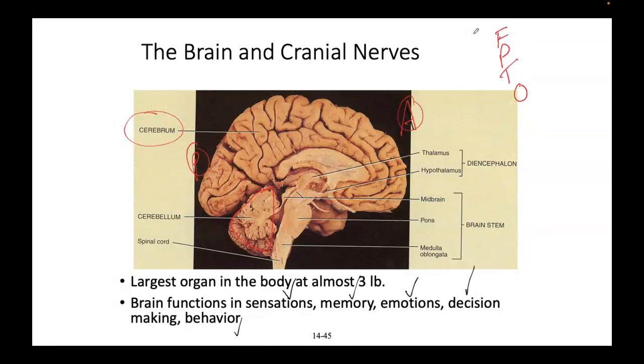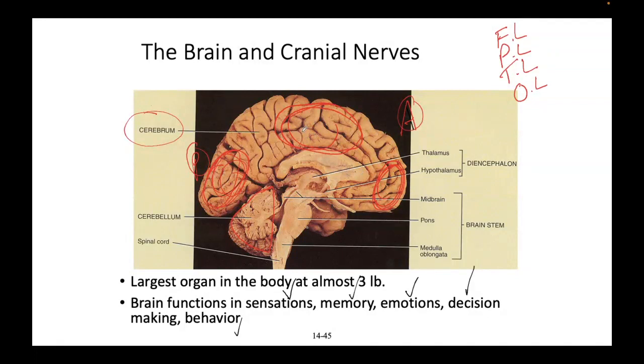In terms of the brain, we have a frontal lobe, a parietal lobe, a temporal lobe, and occipital lobe. Up here is your frontal lobe, over here is your parietal lobe, and back here is your occipital lobe. The temporal lobe would be where the ear is, but because this is a cross section, I really can't point it out from this view.